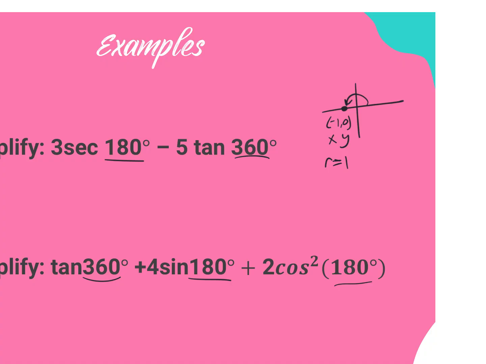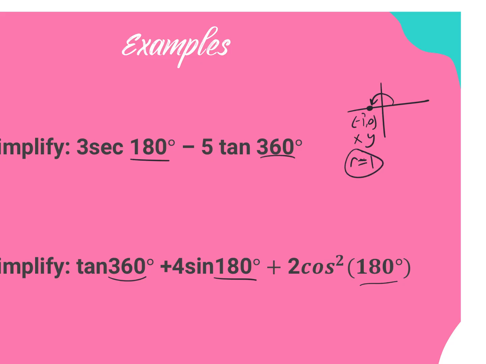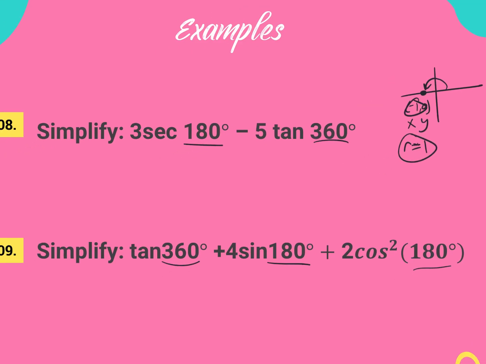So I know that r has to be 1. And I know that secant goes with cosine, so I know it has to be r over x, right? And r is 1, x is negative 1. That would make secant 1/-1, which is just negative 1.